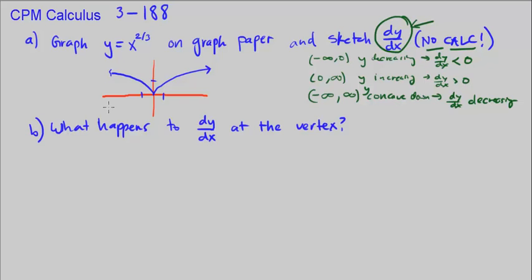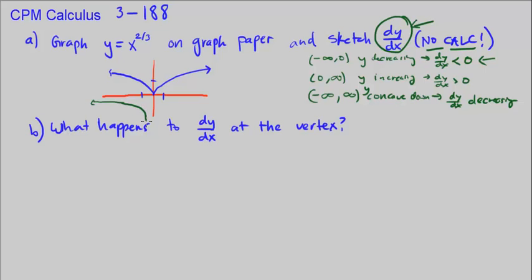So over here to the left of the y-axis, we have dy dx being negative and decreasing. It's always decreasing, right, up until forever. So we want it to be going down. Let me draw it a little better.